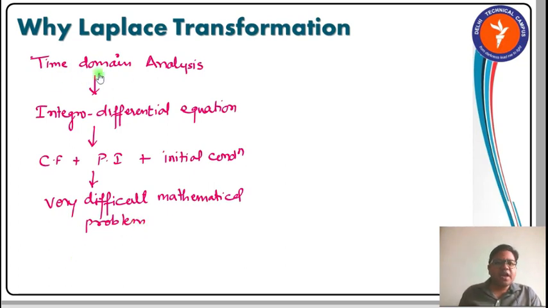So why is the time domain approach not used or not famous? This time domain approach is also termed the classical approach of analysis.